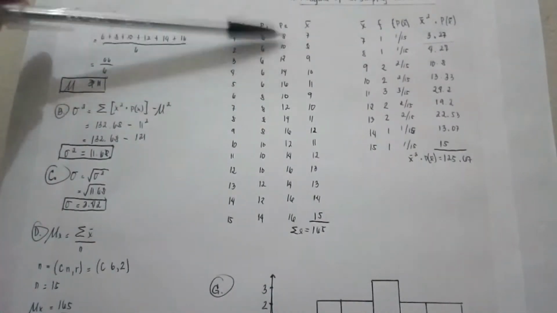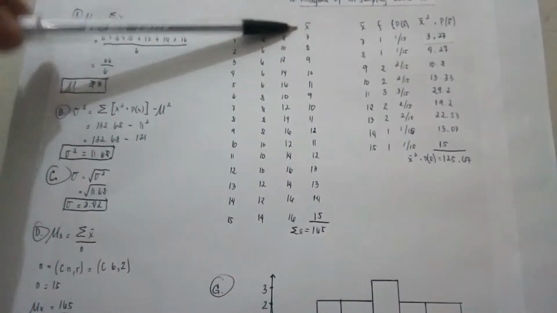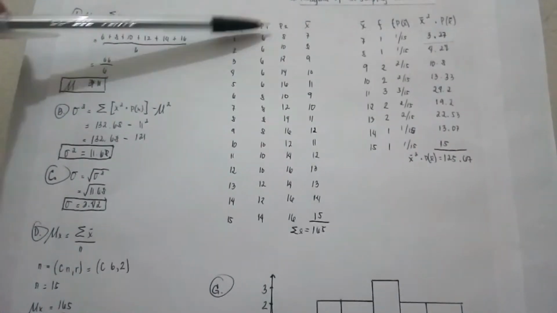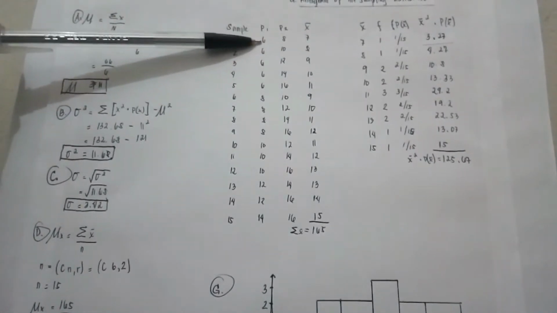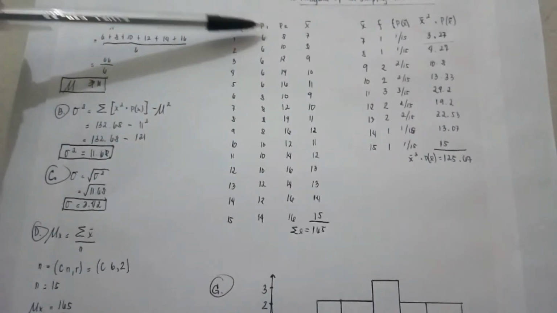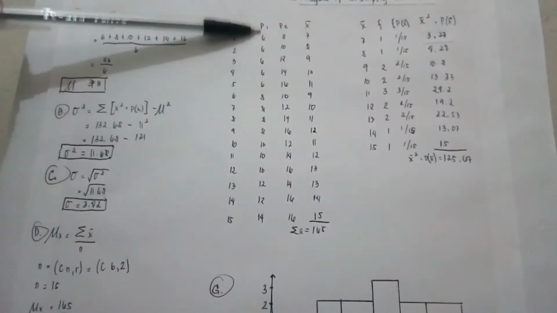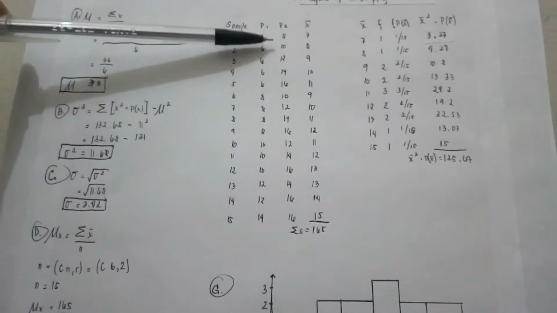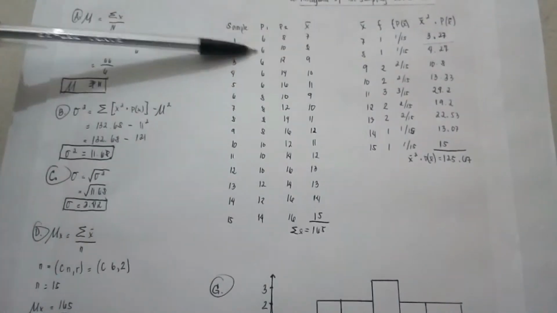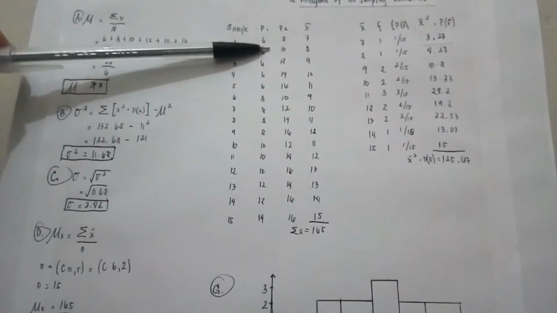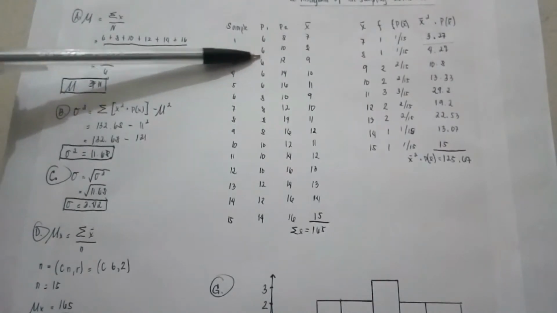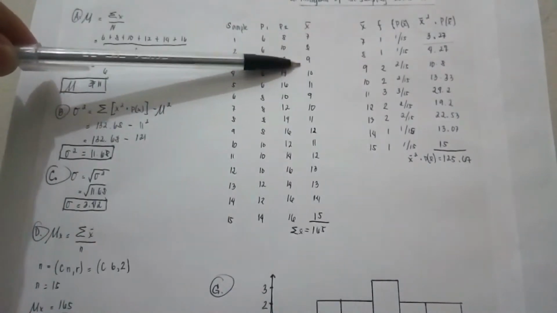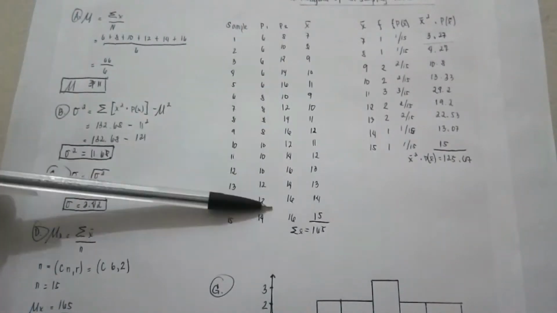So, para makuha ang x bar is 6 plus 8 equals 14 divided by 2 since dalawa lang sila. So, 14 divided by 2 equals 7. Then, 6 plus 10 equals 16, then divided by 2 equals 8. Then, ganun rin gagawin sa mga susunod.